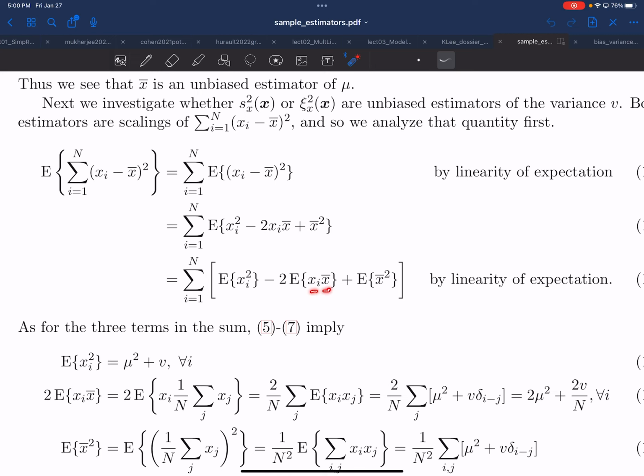No. Why not? The sample mean is representing all of the individual values. In particular, it includes xi. It includes a bunch of other xj's where j is not equal to i, but it includes xi. That's what's important. So those are coupled. They're statistically dependent. So you can't, unfortunately, just decouple this. We have to do a little more work.